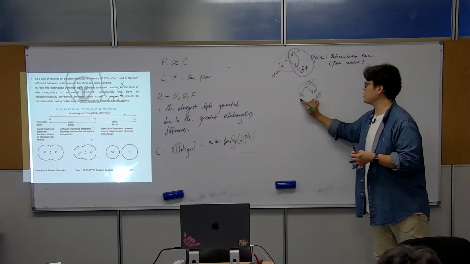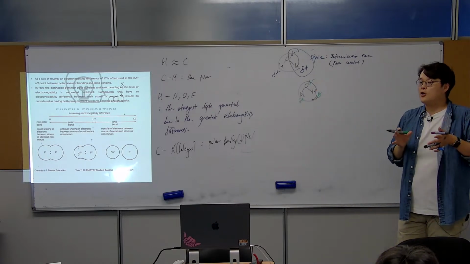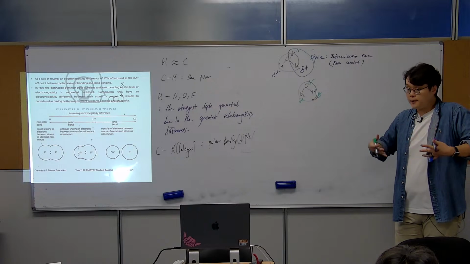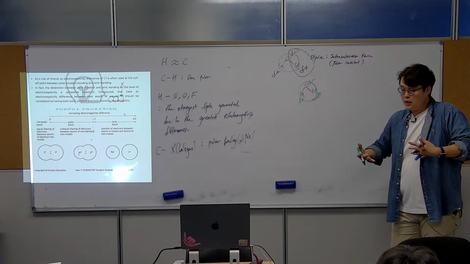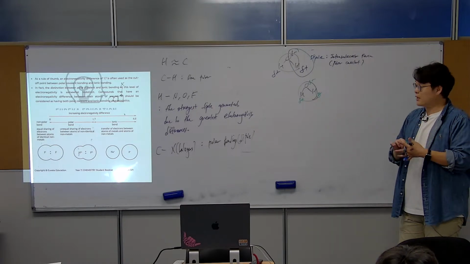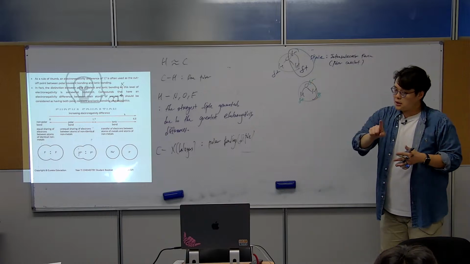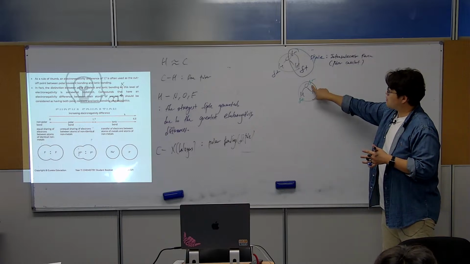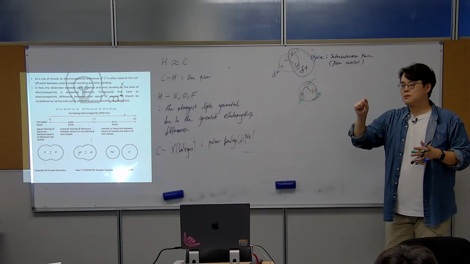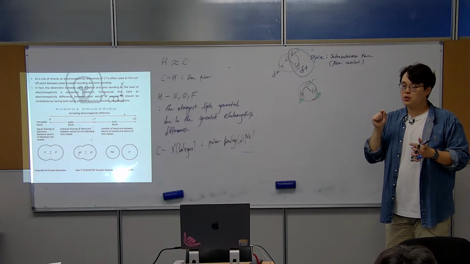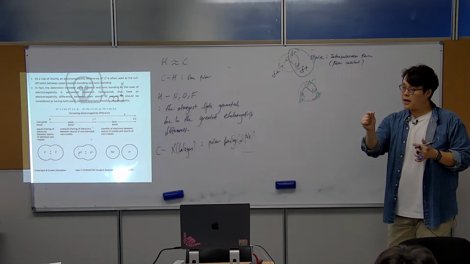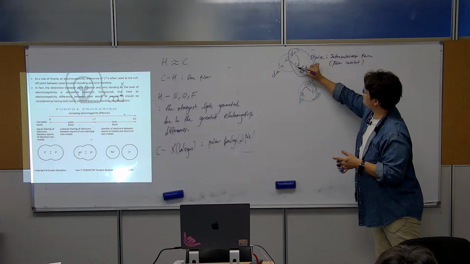Remember that partial means they're not completely ionized. They're still in the process of gaining or losing electrons. But what you have to see there is the partial negative and partial positive. Because we have positive and negative, they love to attract each other. So there will be an interaction.